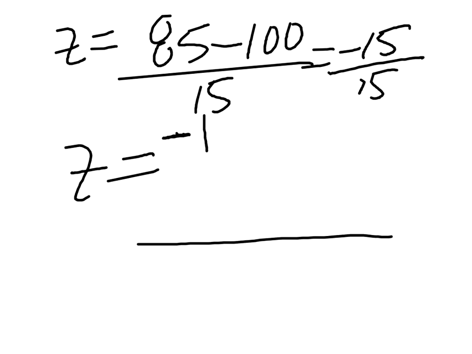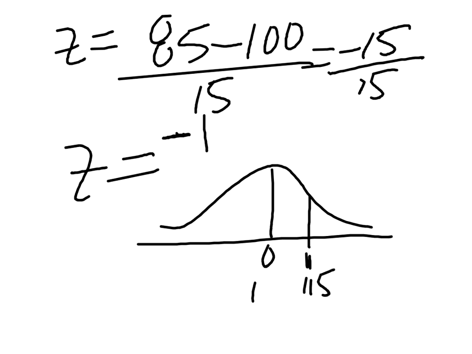And sure enough, when we go back and look at this graph here, we had a 1 at 115, we had a z of 0 at 100, and we got a minus 1 when our test score was 85. Okay, so hopefully now that will help relate the z-values to the scores. And the neatest thing about this is here we've used a standard curve, normal distribution, to talk about test scores.